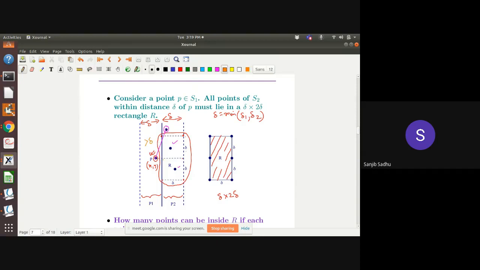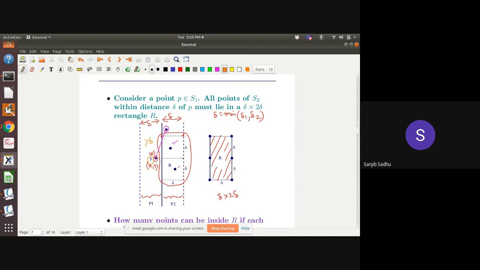Why? Because the vertical height of this window from this point is just delta. So I should not consider any point beyond this rectangular region. Fine. So when I am taking this left side point P, I am considering this window. Clear? I will consider only the points that lie within this rectangular window.